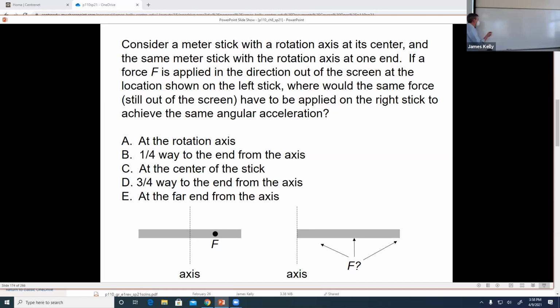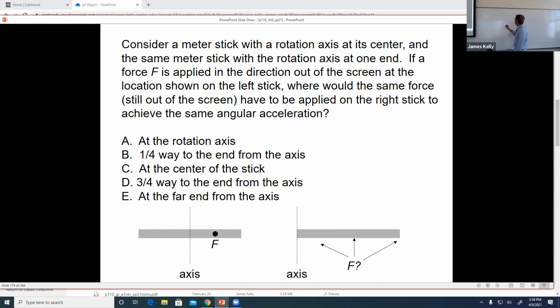So we're going to say the torque equals I times alpha. And let me just solve for alpha, because alpha is going to be the same in both cases. That's what we want, right? So we could say alpha is equal to the torque over I.